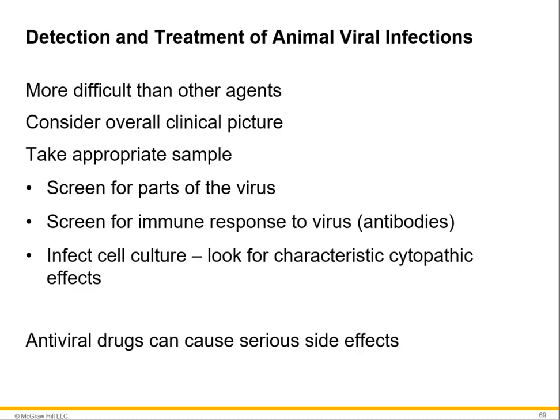So don't focus too much on what one lab result says. An appropriate sample should be taken to screen for either parts of the virus, screen for an immune response to the virus, such as antibodies, or to infect a cell culture. So you could take a sample, use that sample to infect a whole bunch of cells, then look at those cells under a microscope for cytopathic effects.